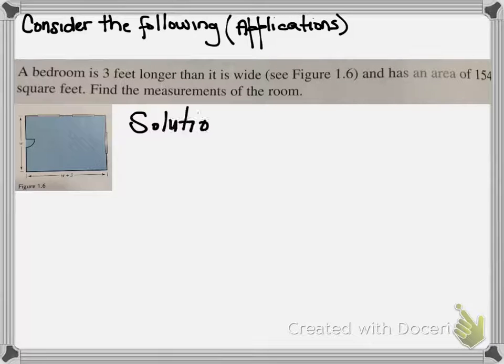So let's set it up in this manner. We do not know the width, so we use W. The length is whatever the width is plus 3. And if we multiply these two to find the area, it equals 154 square feet.